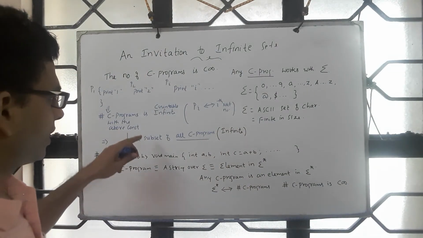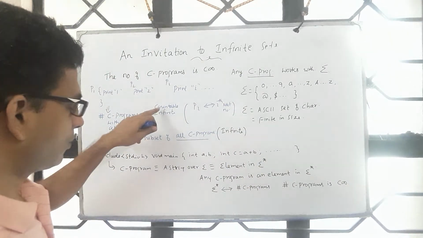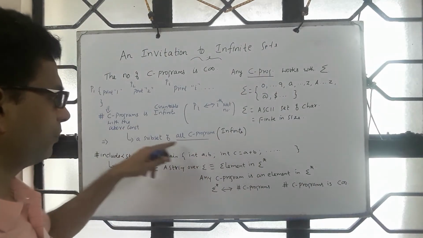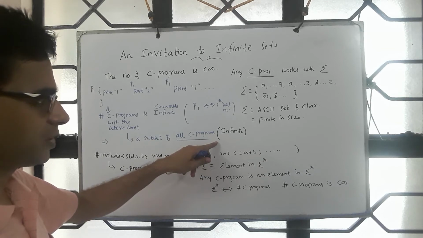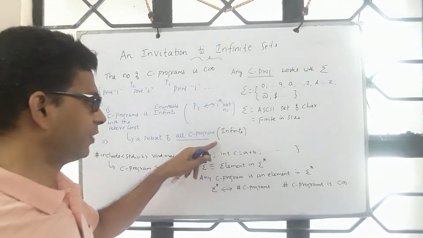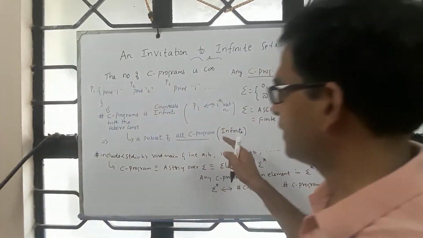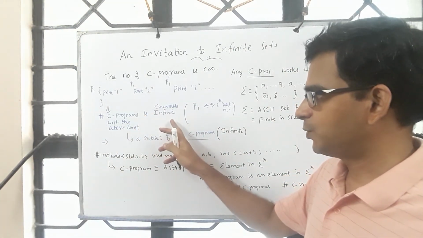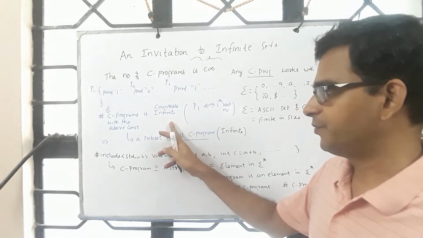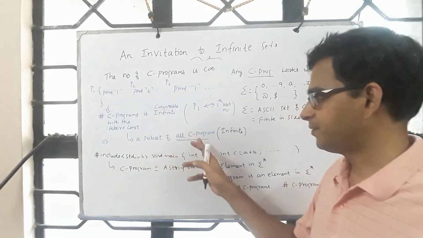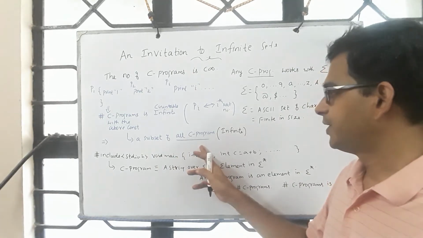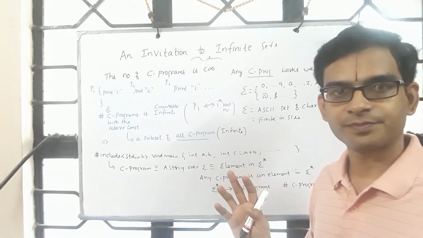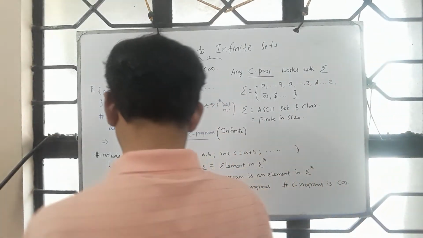So please note, the subset is countably infinite, but for the superset we don't know. With this argument, I cannot conclude the superset is also countably infinite. I can only say the number of C programs with the above constraint is countably infinite. In particular, it is infinite, and it is a subset of all C programs. Therefore, the set of all C programs is infinite in nature. Okay, that's all I can say.